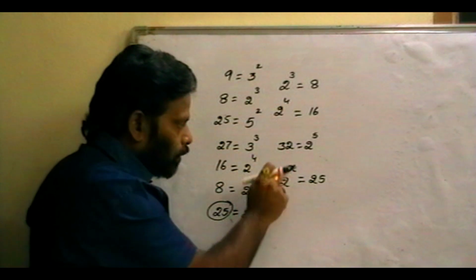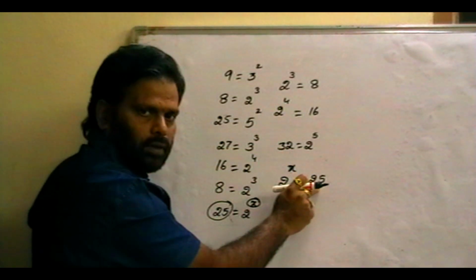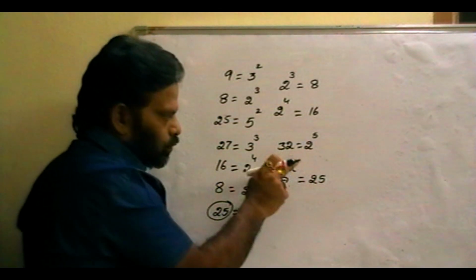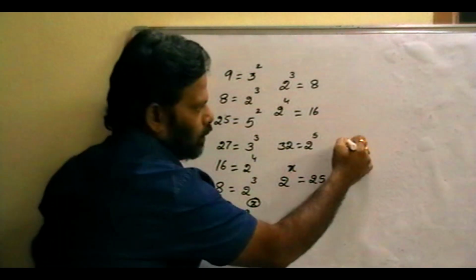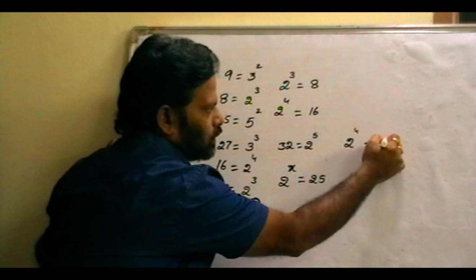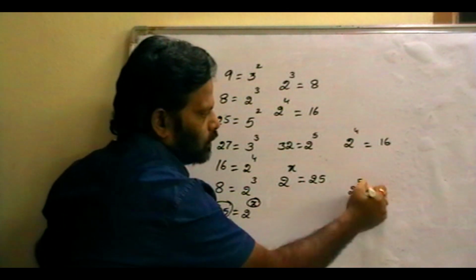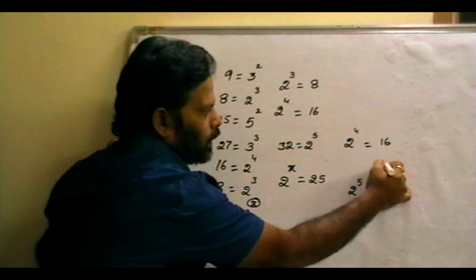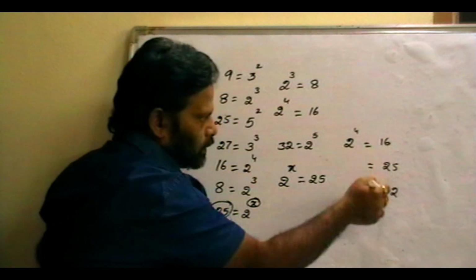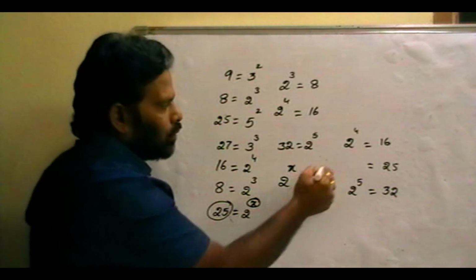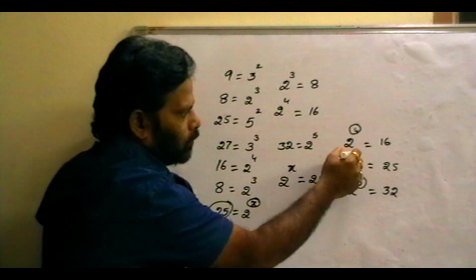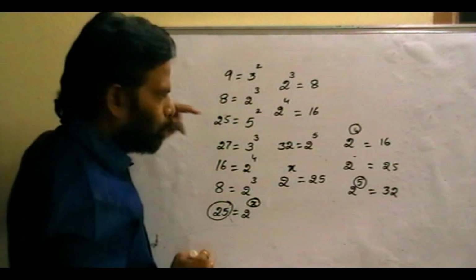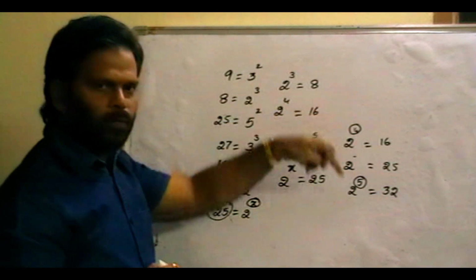But 2 power how much will get 25? We know that 25 lies between 16 and 32, so the power also lies between 4 and 5.